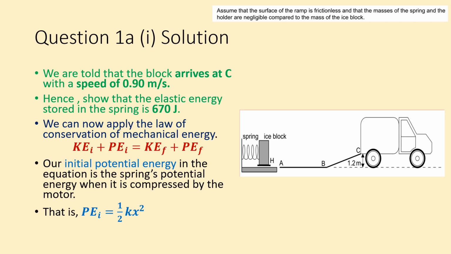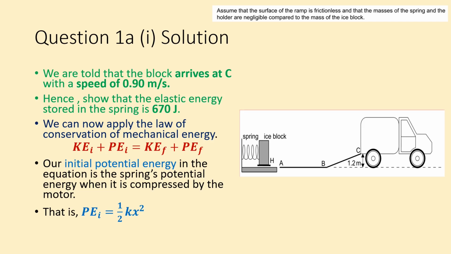initial potential energy. Since we're told that this sequence of events starts off with the spring being compressed, as you can see at location H, the spring is compressed, and then once that compression ends, the block is released.